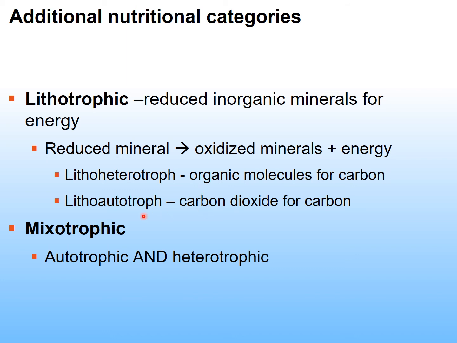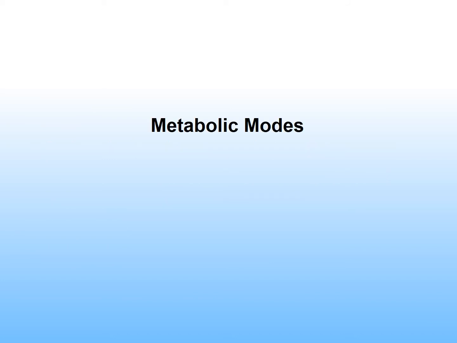However, carbon is obtained from carbon dioxide. Now, there's organisms that are mixotrophic, so they can actually convert between autotrophic and heterotrophic nutritional categories. One example is a euglena, which is a protozoa. Of course, that's going to be the subject of the next chapter, but it's worth mentioning. Let's talk about the modes of actual metabolism. So metabolic modes.